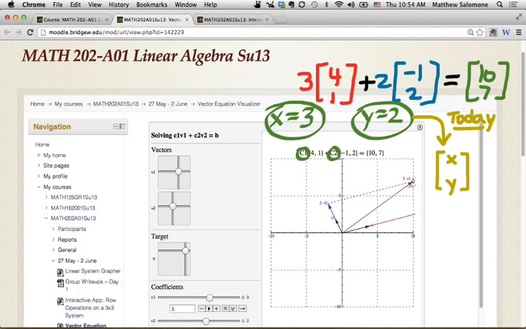Because matrix multiplication is completely defined and built around the idea that when I multiply a matrix by a vector, what I'm really doing is selecting a linear combination of the columns of that matrix. So this linear combination in our vector equation gets replaced instead by matrix multiplication.